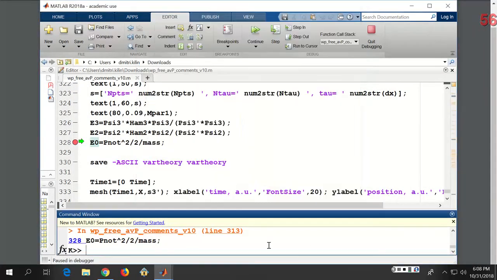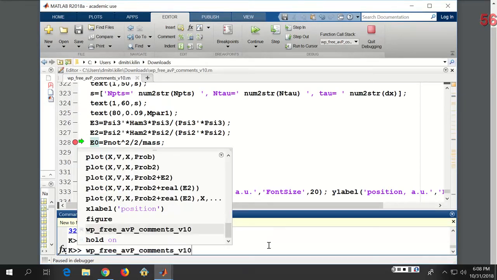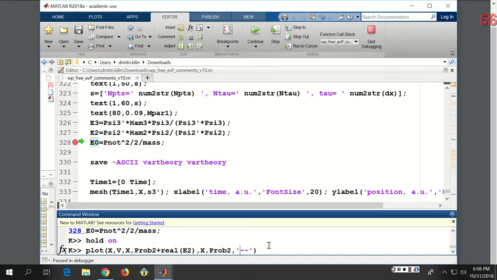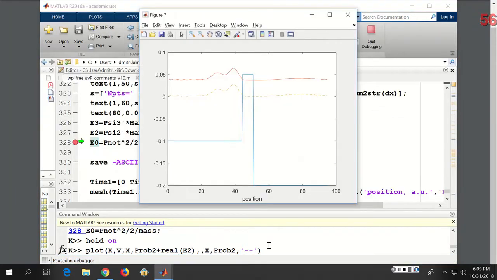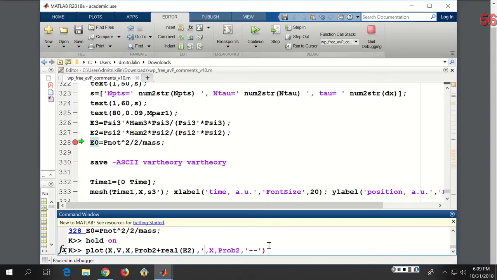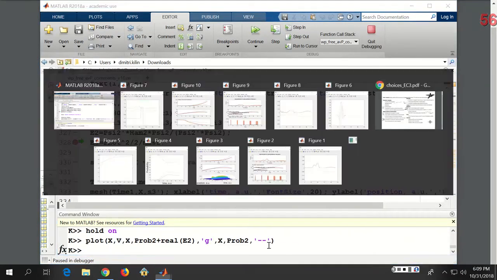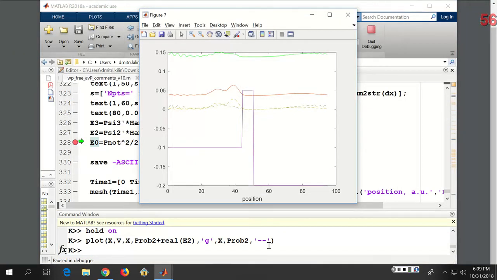So it is our old figure. Green. See, we have increased the momentum maybe 50% more.